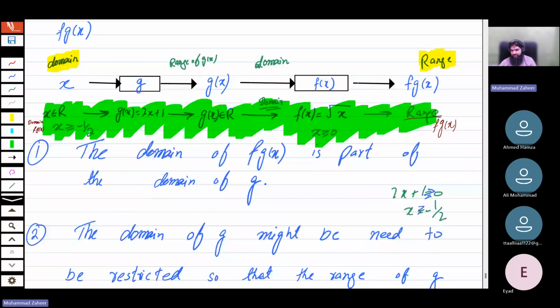It is clear. In short, you have to understand that the range of g of x is exactly the domain of f, and the domain of f of g of x is going to be a smaller part of the domain of g of x. The domain of f of g of x is a part of the domain of g.